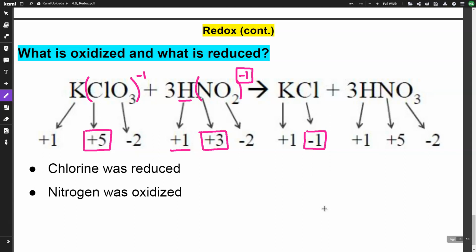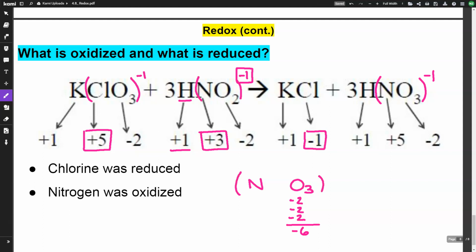All right, in the last one, we have NO3. This is a polyatomic piece right here, -1. We have nitrogen and we have oxygen. We know the oxidation number for oxygen is always -2, and there are 3 of them. So the total here will be -6.